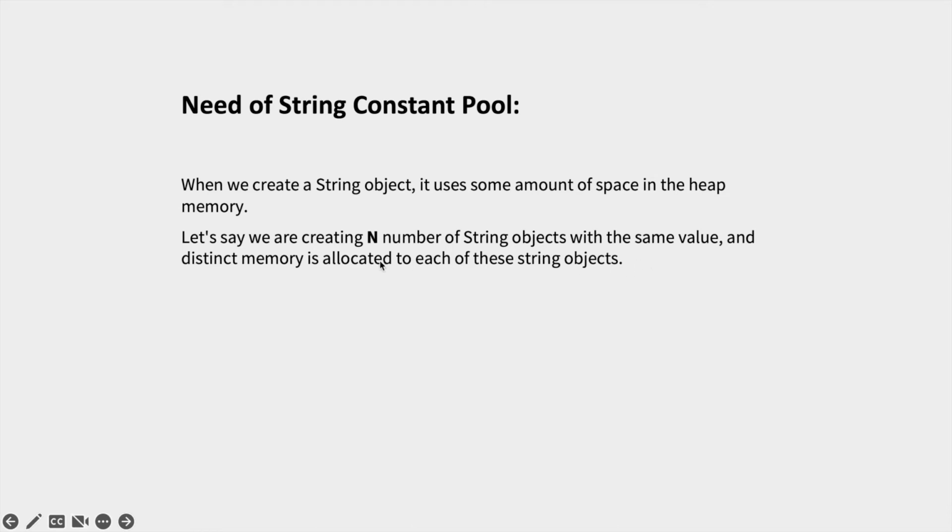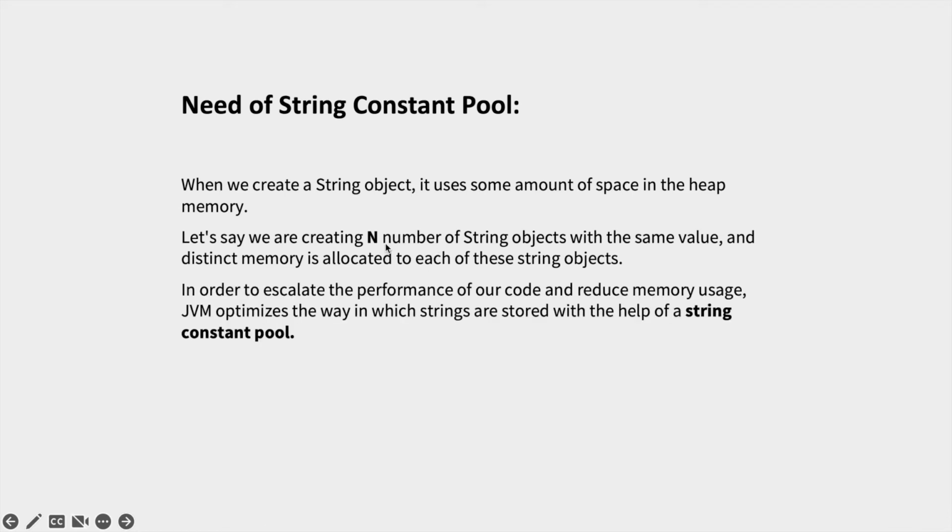So different memory will be occupied by these objects, and due to this lot of memory occupation, performance will be reduced. So in order to escalate the performance of our code and reduce the memory usage, JVM optimizes the way in which strings are stored with the help of string constant pool.